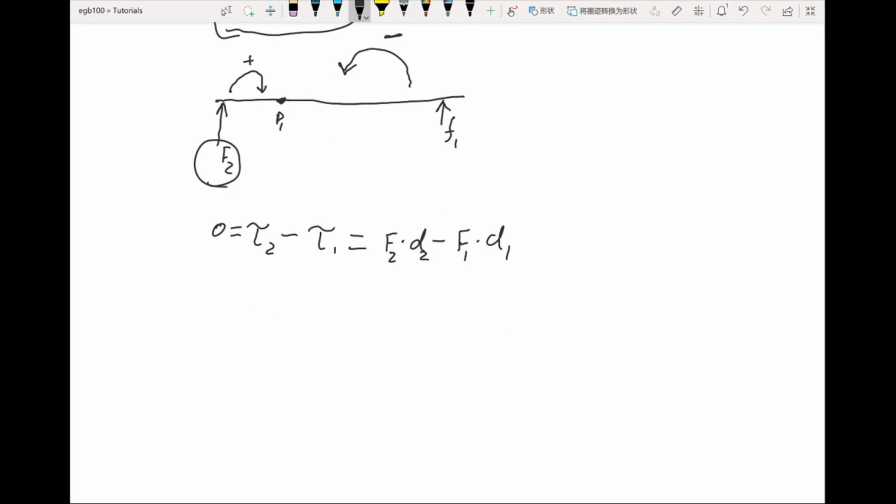And once we get to this, it's very easy to answer the questions. If you're given this and told it's not rotating, you'll usually be given both forces and one distance, or both distances and one force. And then you can work out either a force or a distance.